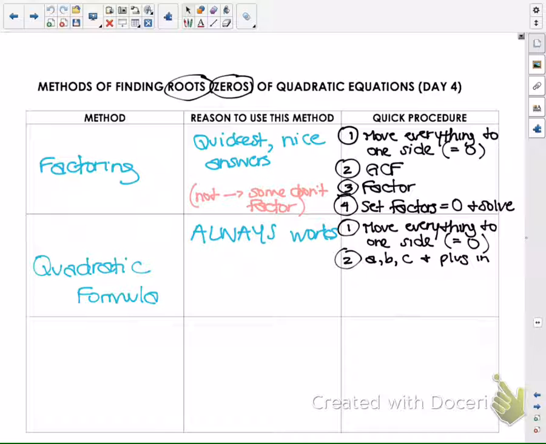What do we do after we plug it into the formula? What part do we simplify? Simplify the square root. Okay, and that includes taking out something if you can to simplify.